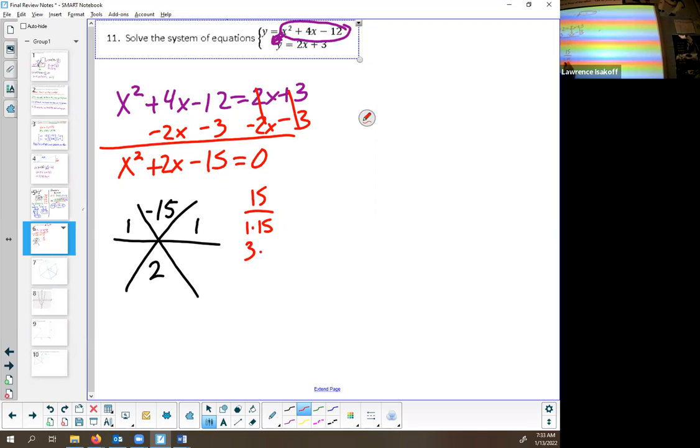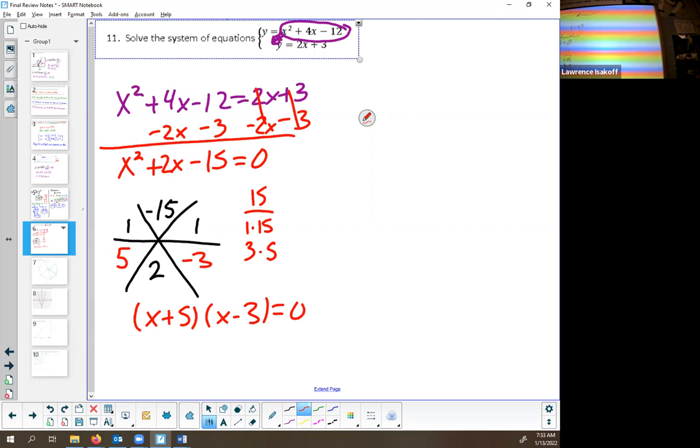Yeah, 5 times 3. If I do 5 minus 3, that gets me 2, right? So it will be 5 and a negative 3. So I get x plus 5, x minus 3 equals 0. Now I can split them and solve.